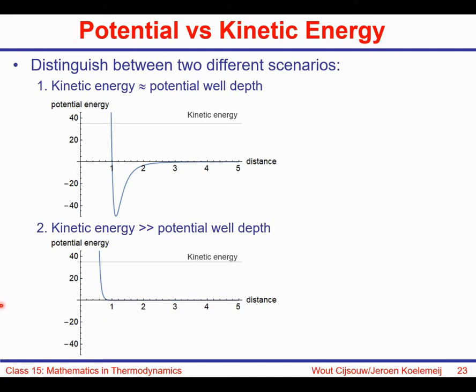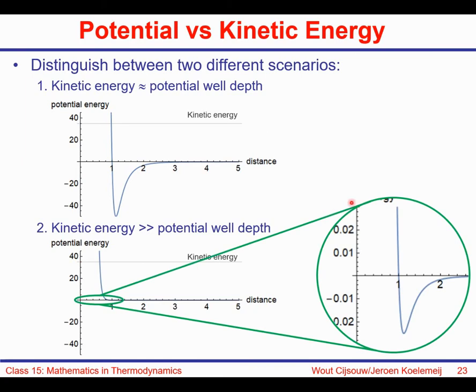In this graph, we have the same kinetic energy, but here we have a different potential energy curve, which could correspond, for example, to atoms that have a much smaller van der Waals attraction. And this potential may look completely different, but if we would zoom in here, then we would still see a small dimple. But it's just that the van der Waals attraction is much smaller.